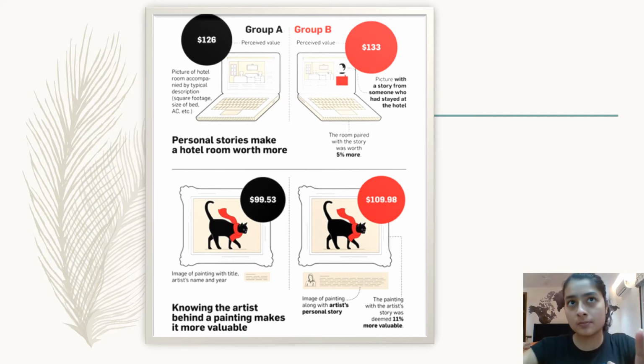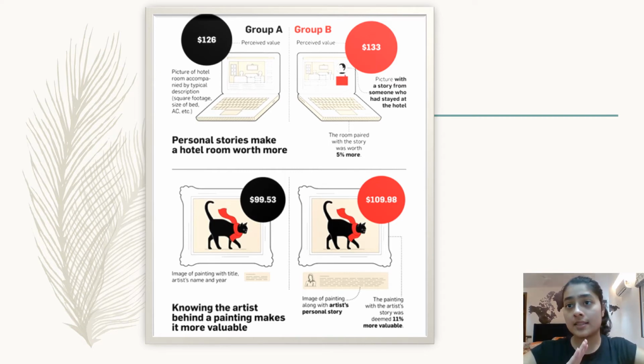The first thing we are selling is a hotel room. In group A, the hotel room is being sold for $126. What we did here was, we put some information about the hotel room, the cost, and the facilities available, and then the customers bought it.